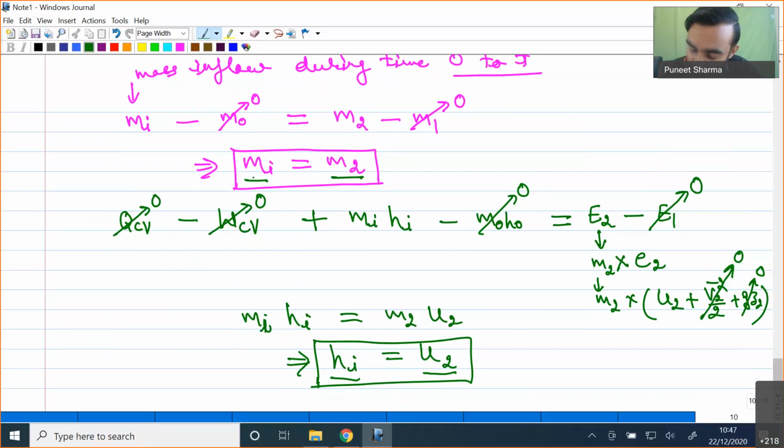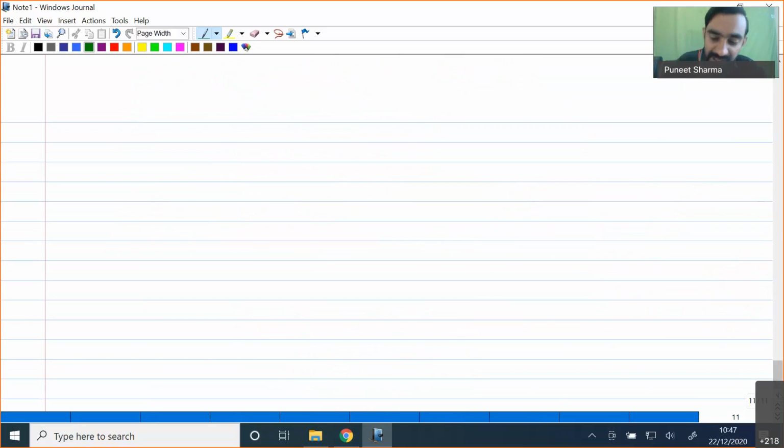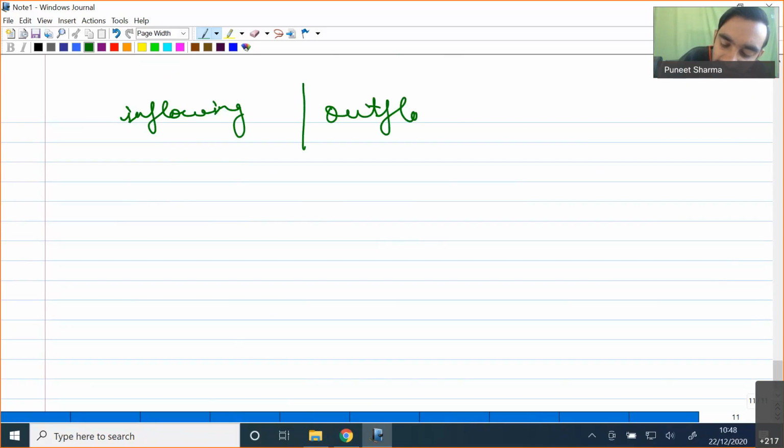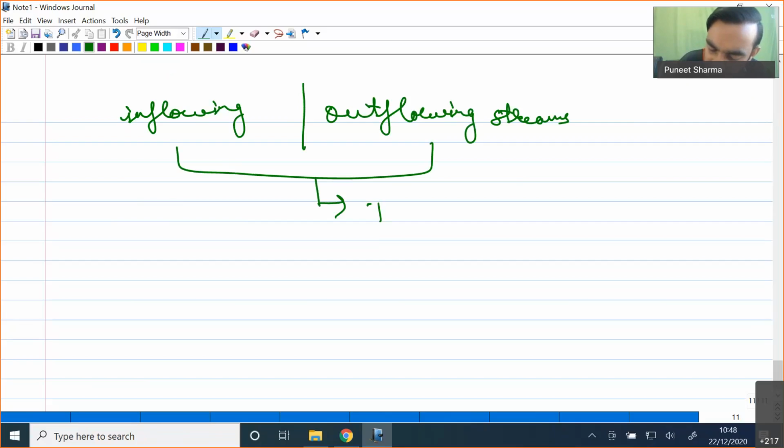While we are dealing with transient processes, there are certain things which our process should satisfy. If we are having inflowing and outflowing streams, their thermodynamic state should not change. This is one very important assumption.